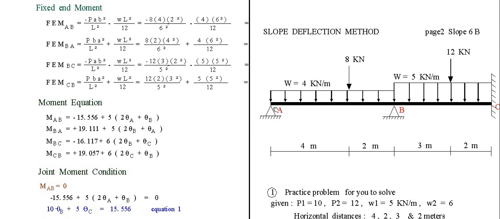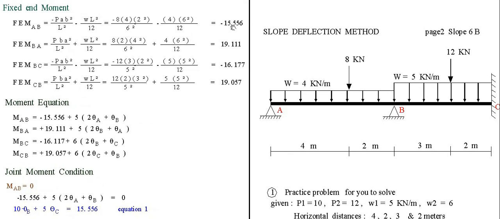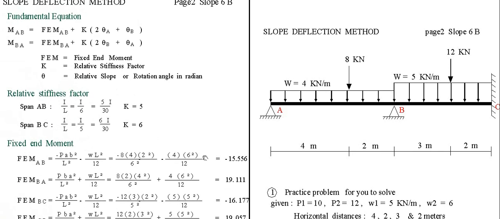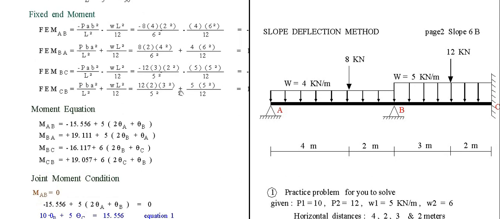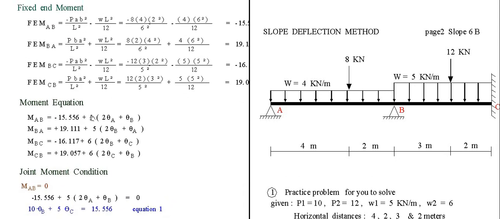So for AB, the moment is fixed end moment of minus 15.556, plus K. We have K here as 5 and K here as 6, as solved a while ago: 5 for AB, 6 for BC.